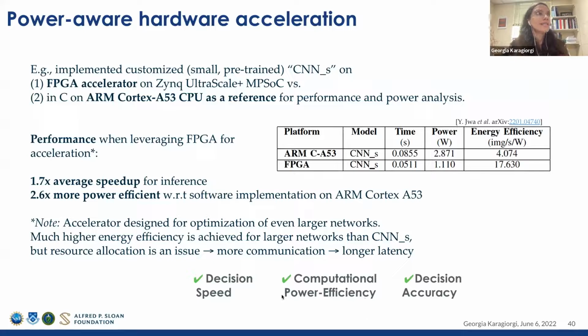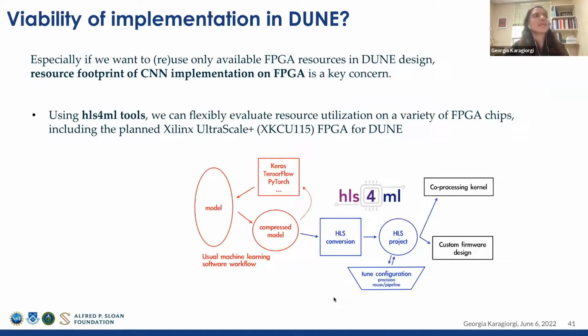So indeed, we were able to show early on that there's a huge advantage in employing FPGAs in terms of computational power efficiency. But especially if we want to reuse only available FPGAs in the DUNE design that are part of the upstream DAQ, an additional concern is the resource footprint of the CNN if we were to implement it in FPGA.